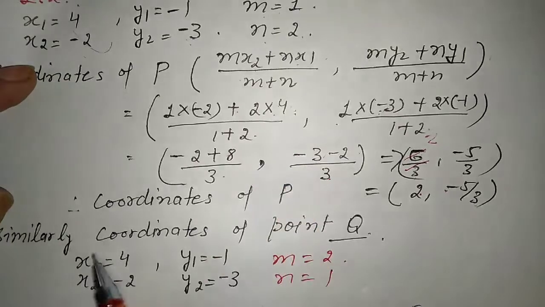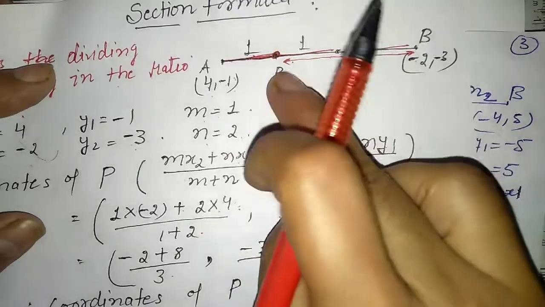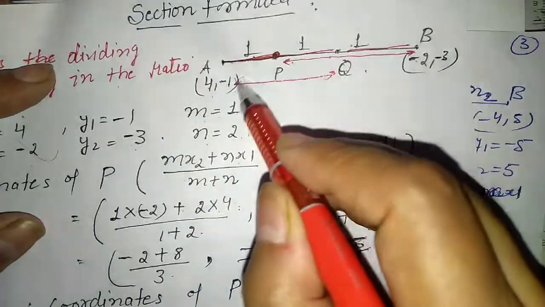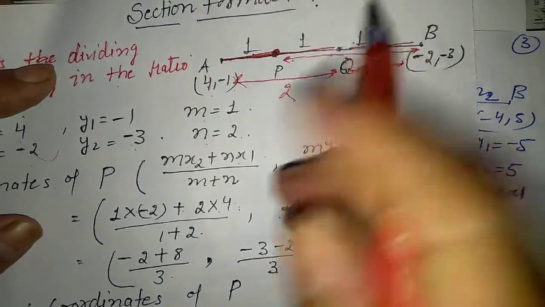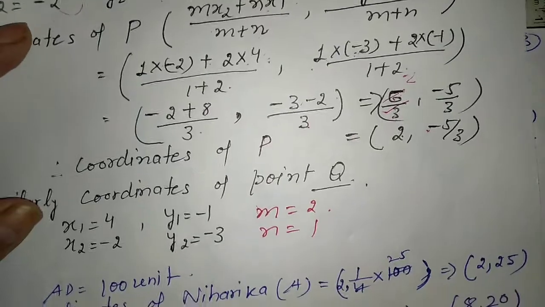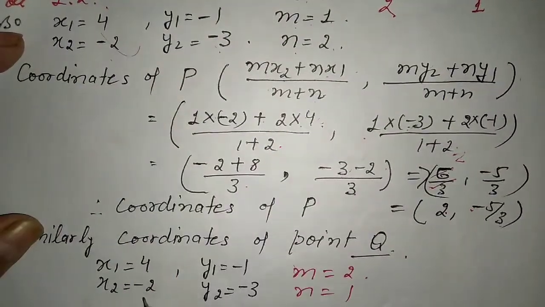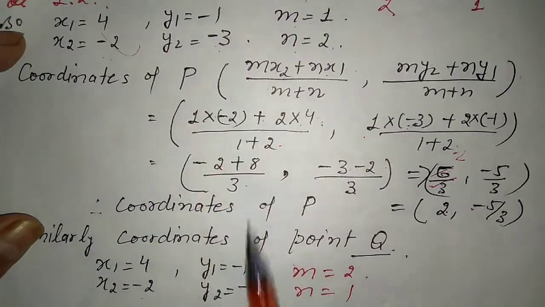Now similarly we can find the coordinates of point Q. If we are having point Q, we have to forget about point P. So what will be the ratio? This time it becomes 2 and 1. x1, y1, x2, y2 remain the same: x1 is 4, x2 is -2, y1 is -1, y2 is -3.